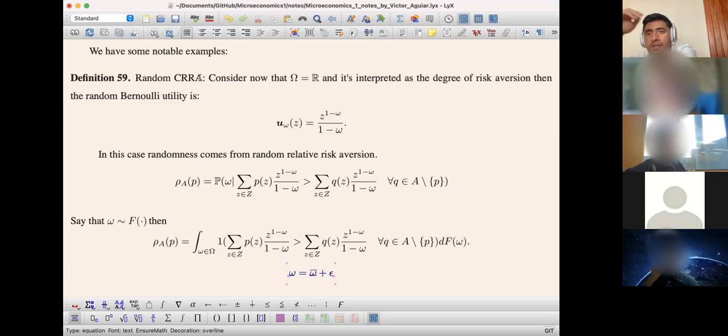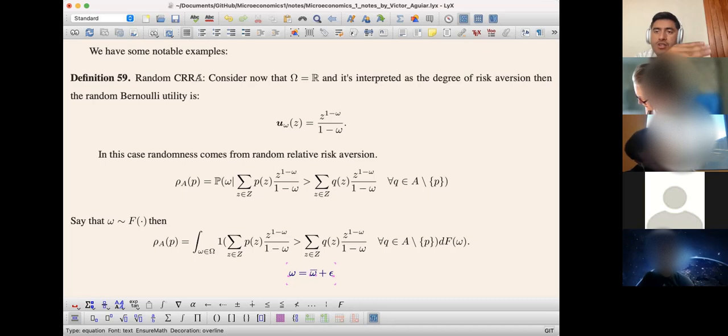But you remember there are modifications of the CRRA allowing for more parameters of risk aversion. So you may have on top of it a beta, so you have a beta and an omega, and then you have two random parameters. This is still allowed in the random expected utility framework, right? So just remember that this is a very, very special case. And the general case, of course, allows for any Bernoulli utility, okay?